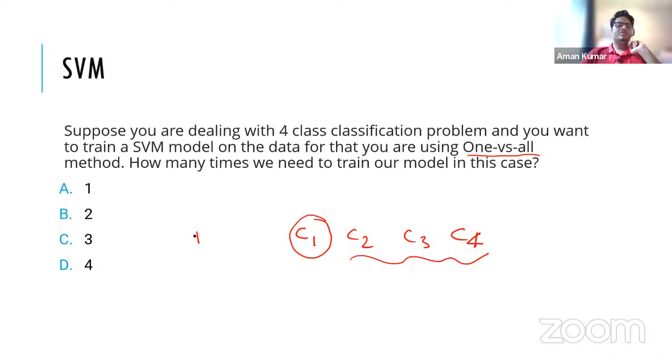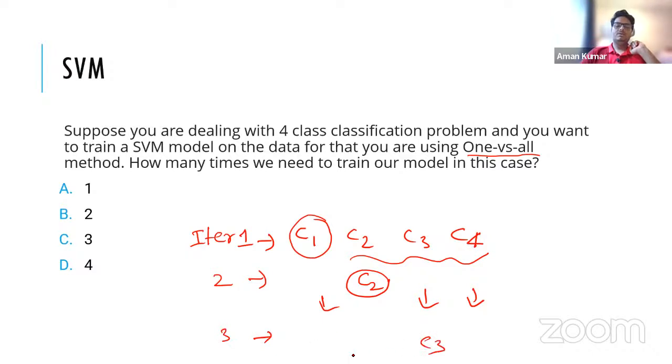So in iteration 1, or case 1 or model 1, whatever you call it, this is 1 and these 3 are all. In iteration 2, C2 is the 1 and the rest 3 are all. Correct? Iteration 3, C3 is the 1 and the rest 3 are all. So how many iterations? 4 or 3? People are saying 4 iterations, somebody is saying 3 iterations.